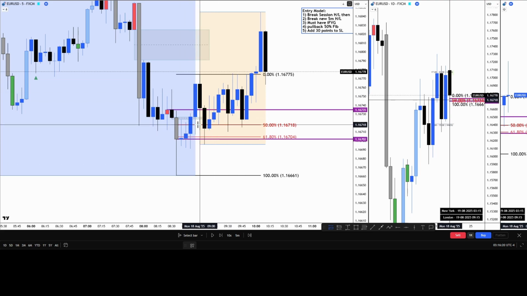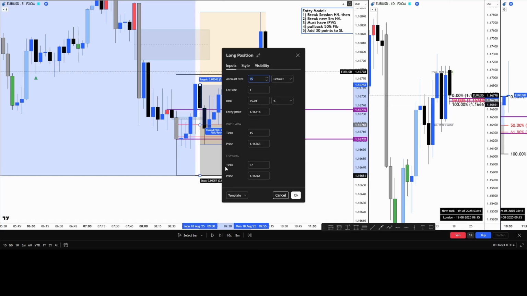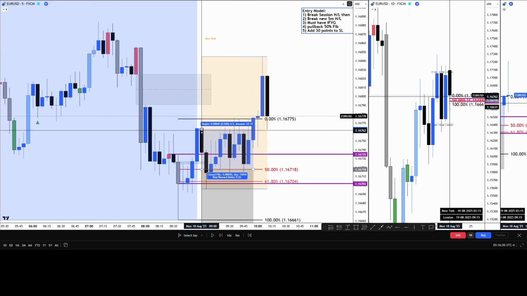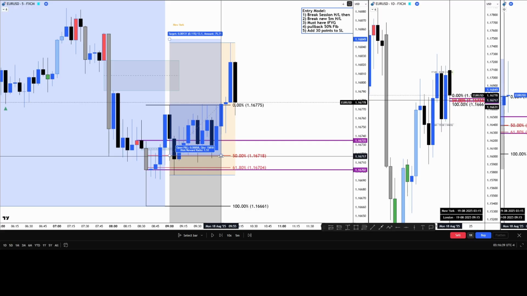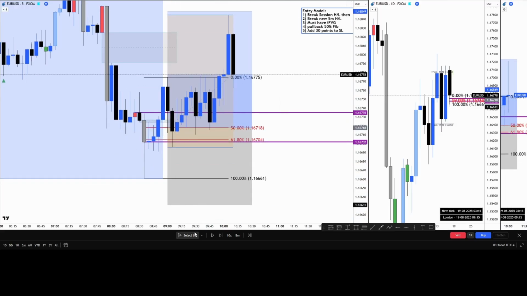We could have taken our trade here. 57. We add 30 points to the low, and we take 1 to 1.5. There we go. How far did this run? Very far.